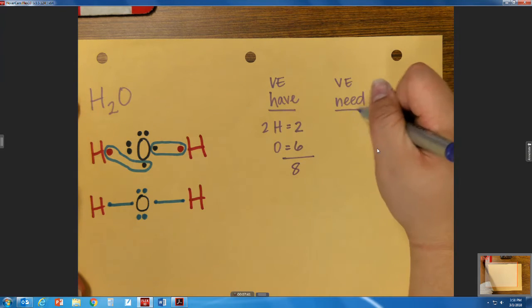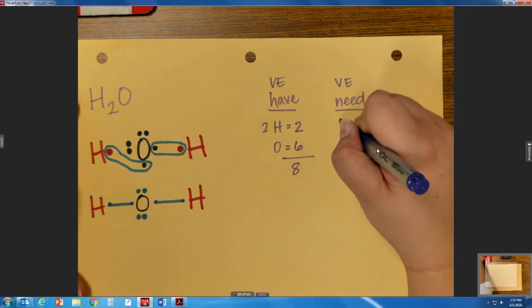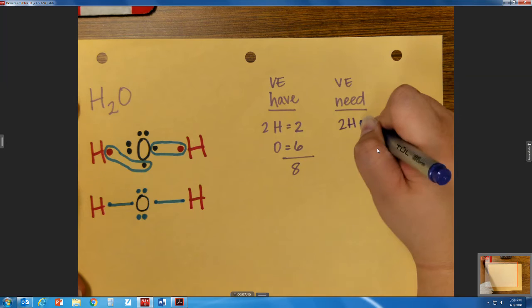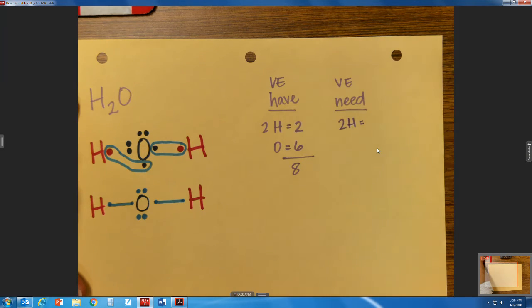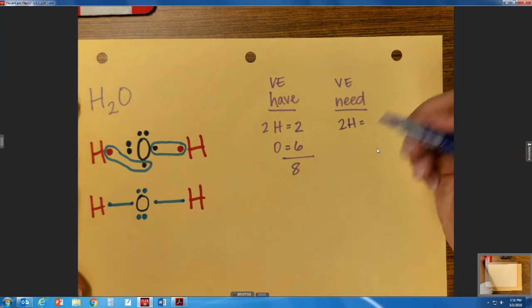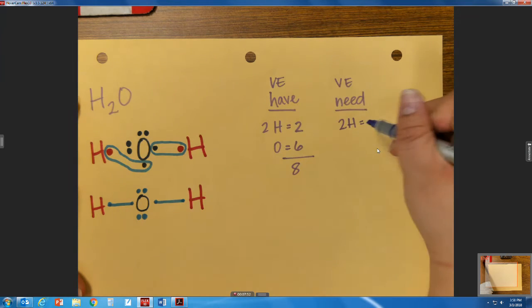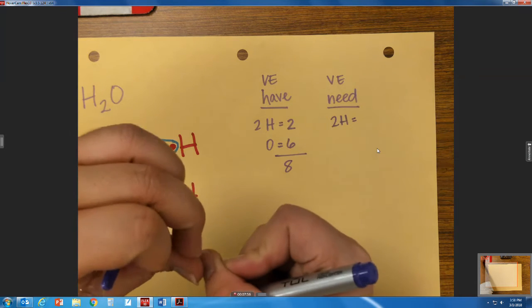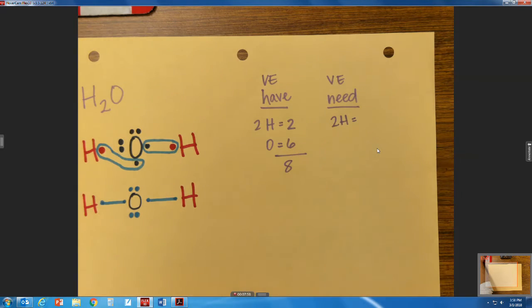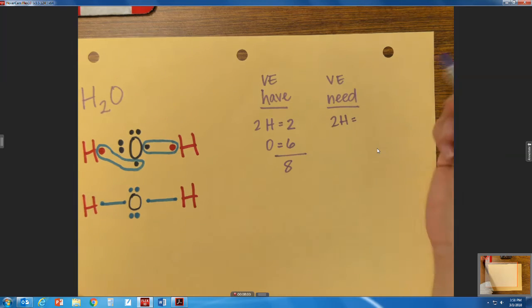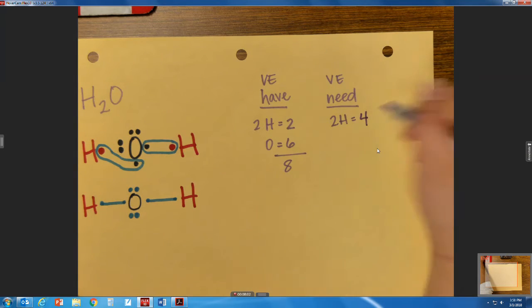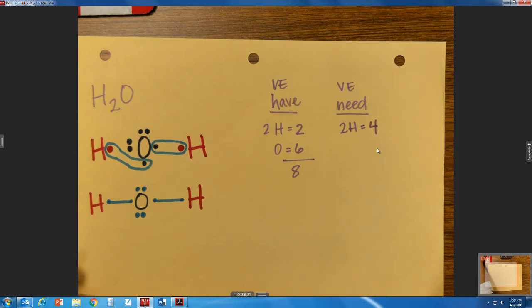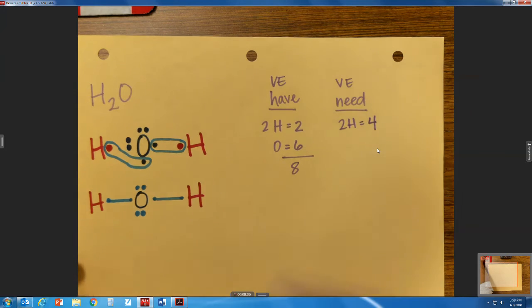Now, how many valence electrons do we need? Well, remember, if we have 2 hydrogens, for hydrogen to be happy, it needs a total of 4, or I'm sorry, each hydrogen needs a total of 2. So that means, oh my goodness, I have tape on my finger now. That would mean that we need a total of 4 valence electrons for 2 hydrogens to be happy.